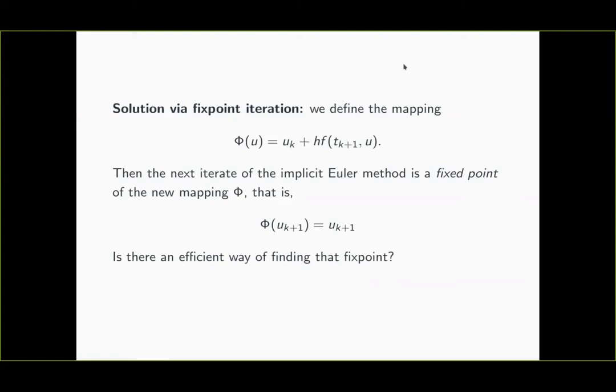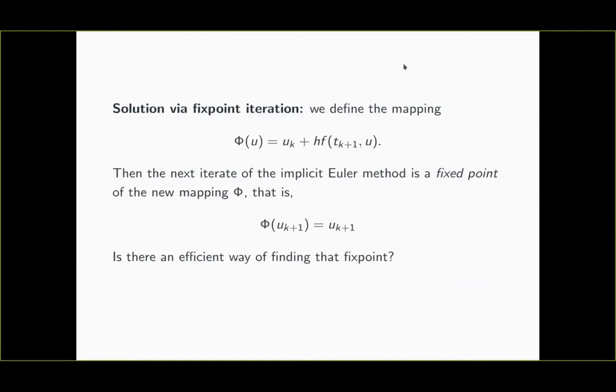If uk is the solution from the previous iteration of the implicit Euler method, and u_{k+1} is the next iterate, then we see that phi of u_{k+1} is equal to u_{k+1}. In other words, any solution of the nonlinear problem at each iteration step of the implicit Euler method is a fixed point of this function phi.